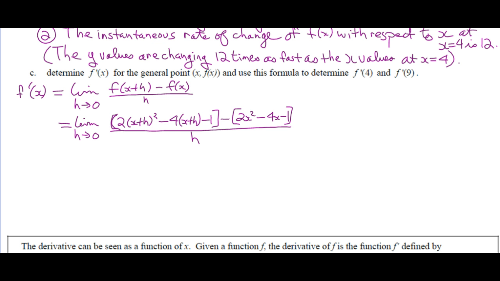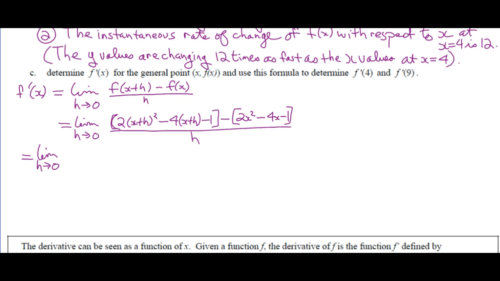Okay, and now it's just a little bit of algebra. Expand and collect. Okay, so we're going to remove brackets. So what do we got?